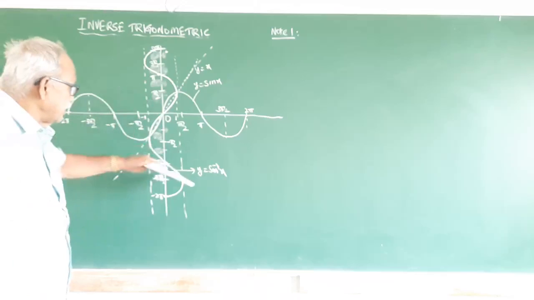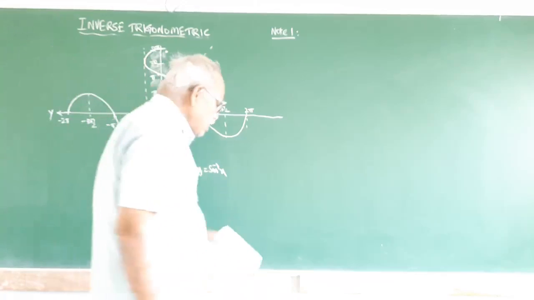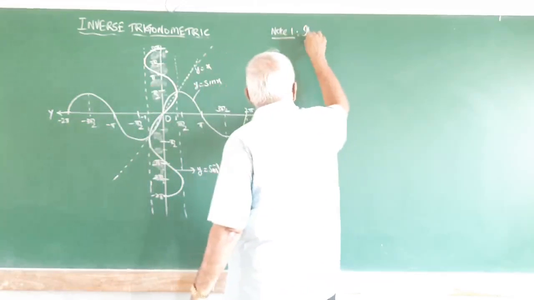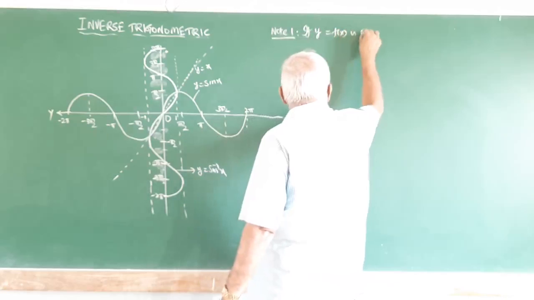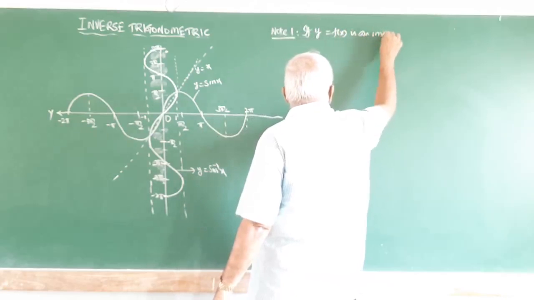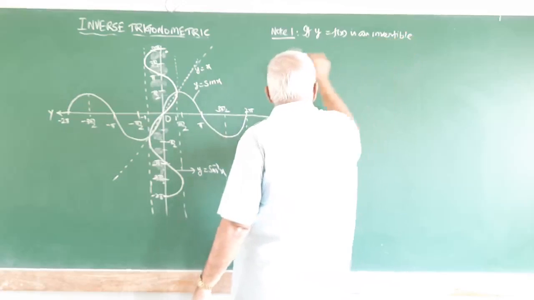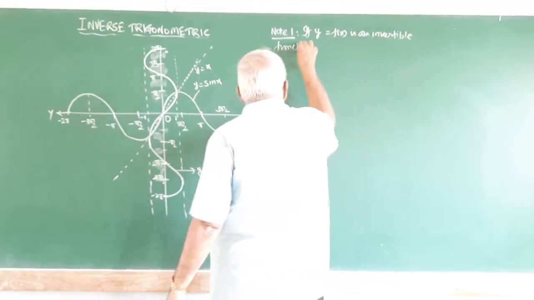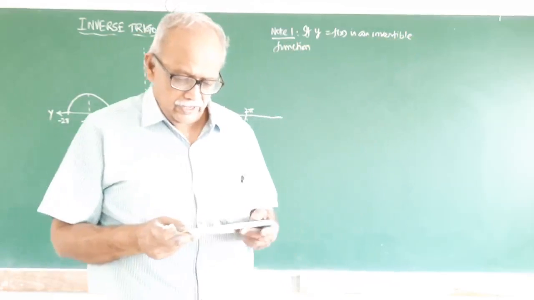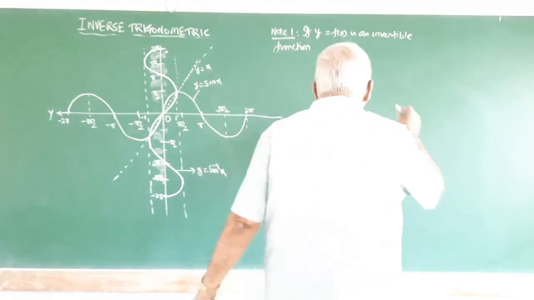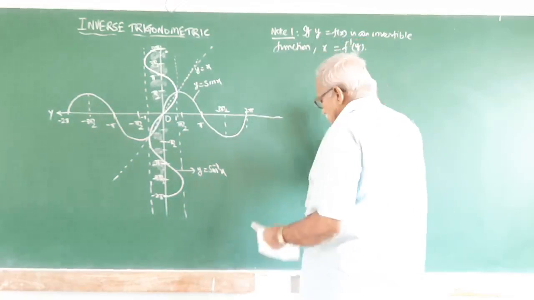This is the sin x as well as the sin inverse of x graph. If y is equal to f of x is an invertible function, then x is equal to f inverse of y.